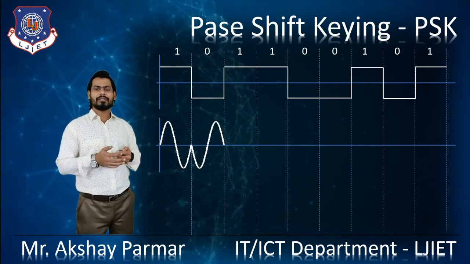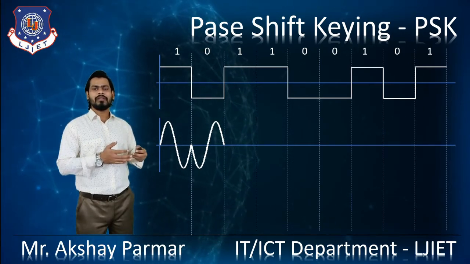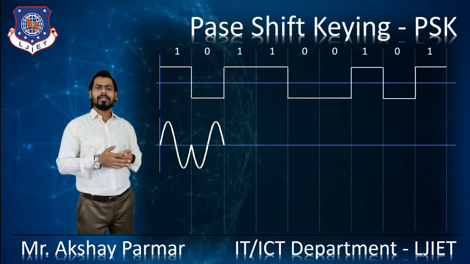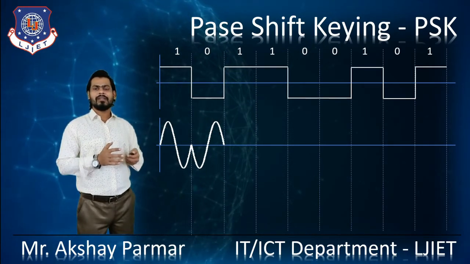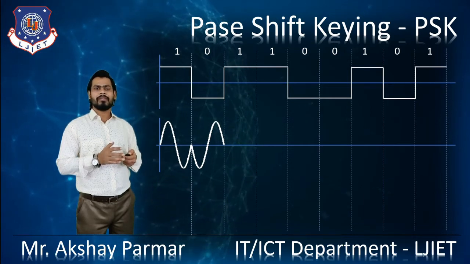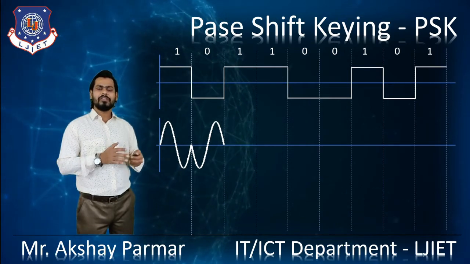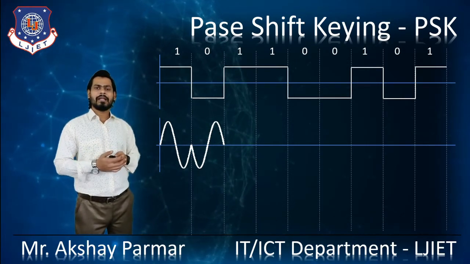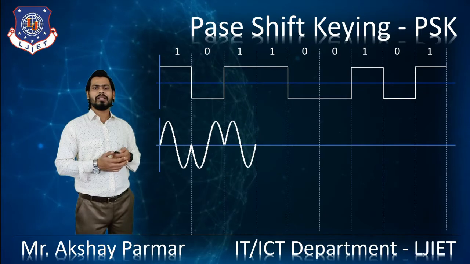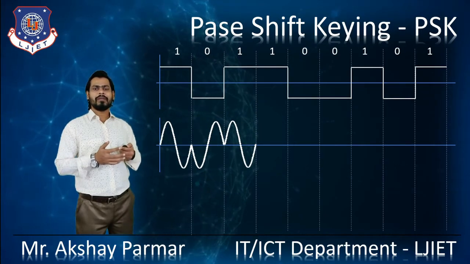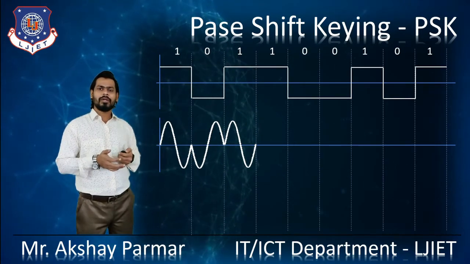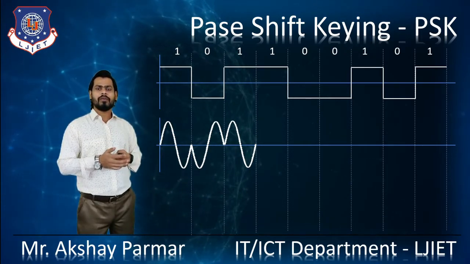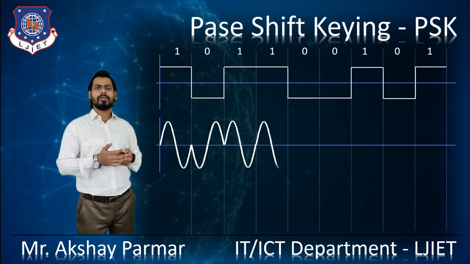Whenever bit 1 occurs, the phase is like this, right? After that, whenever bit 0 is encountered, its phase is reversed, or modified. It will be shifted by 180 degrees, right? So that's how we are representing that bit. After that, bit 1 is there, so there is no need for phase shifting, and it will remain as it is.